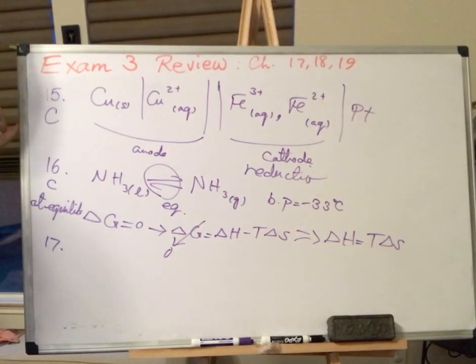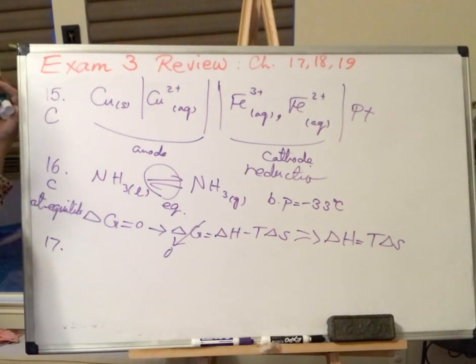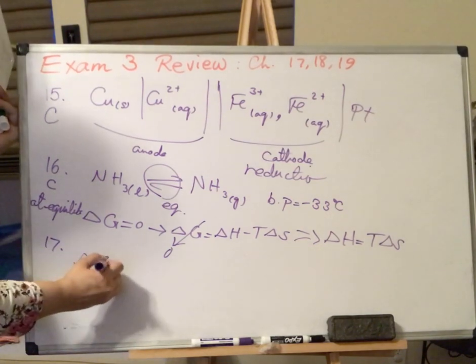Question 17. An ideal fuel for the controlled jet of a space vehicle should decompose when we have a fuel for the space. Do we need somebody to give it energy constantly? No. So we need a spontaneous reaction. So delta G must be negative.